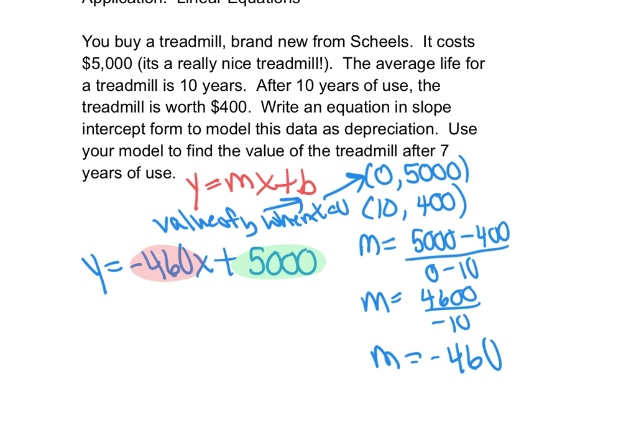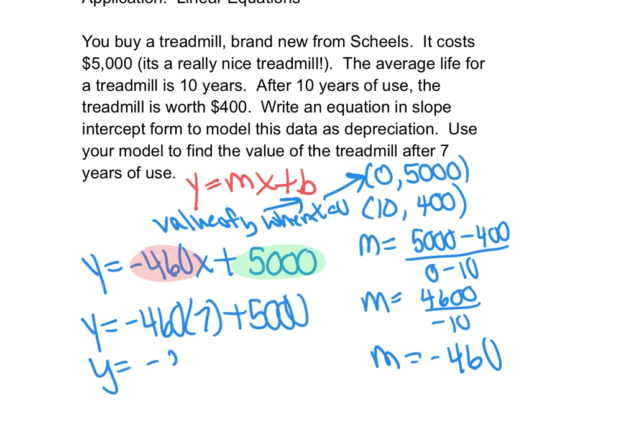So if we wanted to know after 7 years, that just means that we would put in 7 for x. And that would be -3,220 plus 5,000.